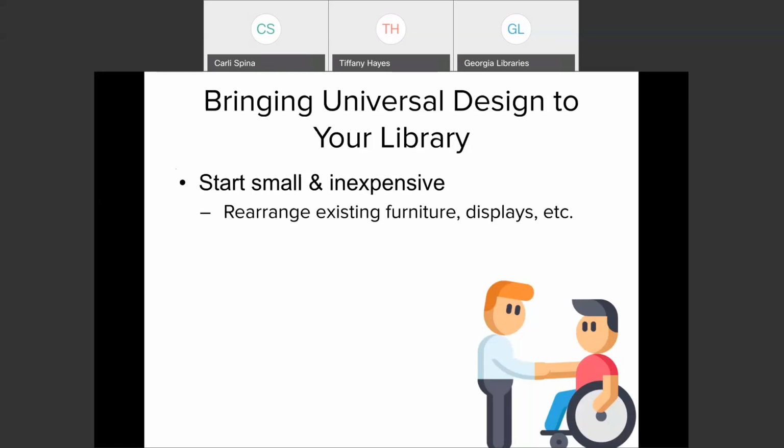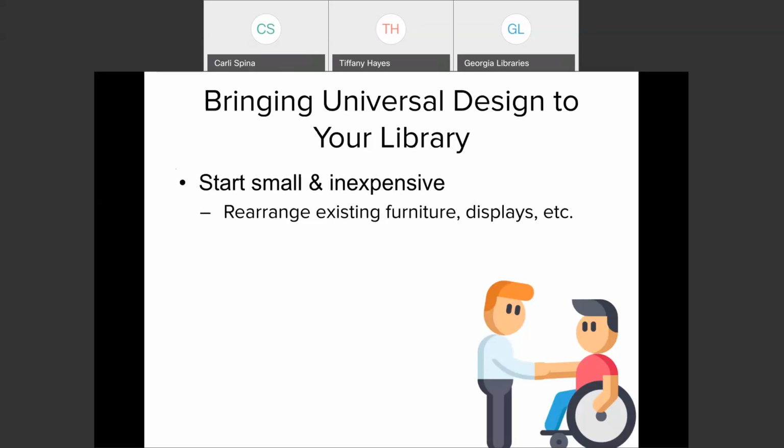An example of this that's really easy is rearranging existing furniture and displays, and just how you use your space can go a long way towards things like improving the approach and space for people of various sizes and using various technologies to come and use something.